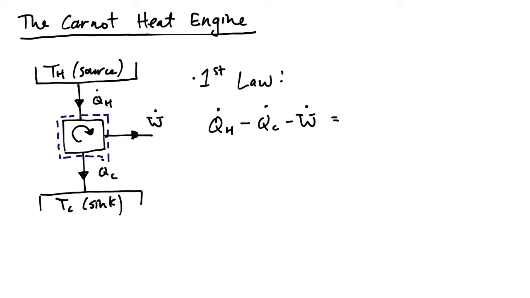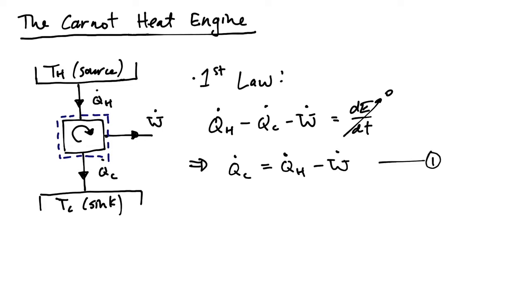That's going to be equal to the rate of energy change within the system, which, if we're operating our power cycle at steady state, goes to zero. From this expression, we can solve for Q dot C, which is the waste heat, and that's going to be equal to the heat input to the cycle minus the work output. We'll call that equation 1.